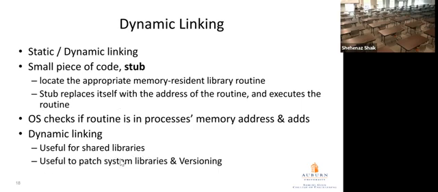We should be able to make better use of the physical memory space by not replicating the same libraries in the address space of multiple processes. At the same time, if we have multiple versions of these library modules, it is easier with the corresponding stub to simply replace one version of the library with a different version, and that can be done again at runtime.